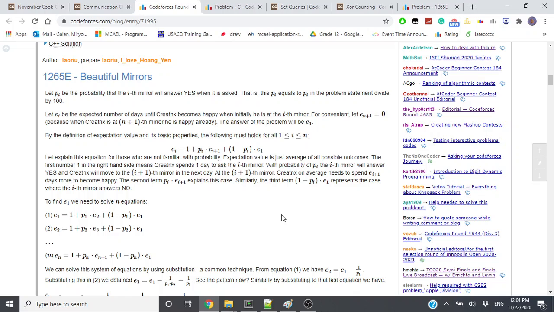Oh, I see. Divide by 100. E_i is the expected number of days until he becomes happy. Then by the definition of expected value, E_i equals 1 plus p_i times E_(i+1) plus (1 minus p_i) times E_1, when initially he is at the ith mirror.